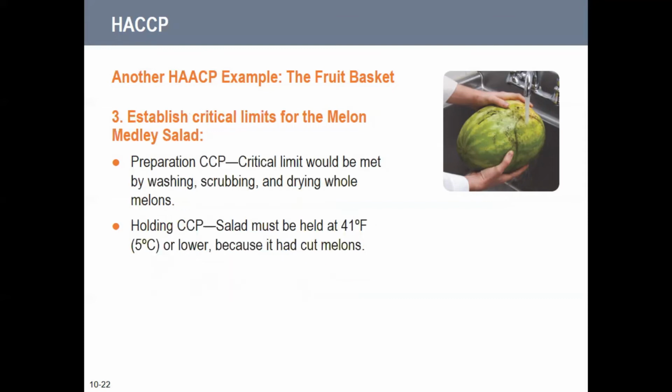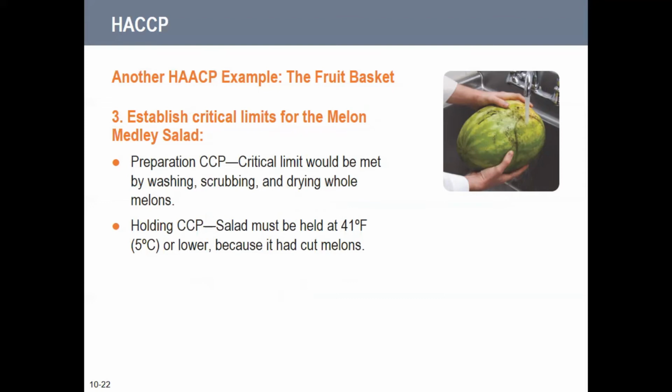All right, so we've identified the critical control points. In the preparation part, our critical limit is met because we're going to wash, scrub, and dry the whole melons. So that's what they are setting up as far as the critical limit. Then, and this is something that says in the book, they're not just saying, hey, wash, scrub, and dry.